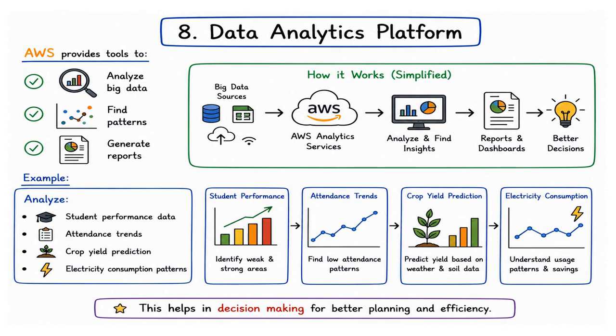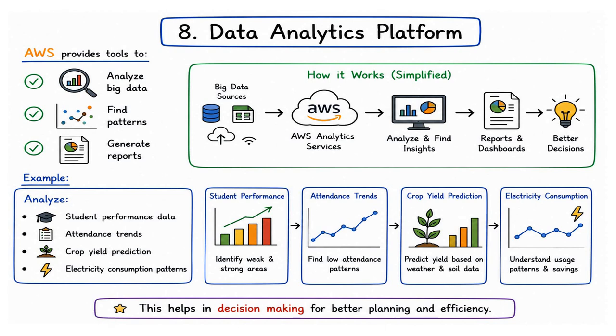So data analytics means studying the data to discover useful information, trends and patterns. Organizations collect huge amounts of data every day, for example student records, attendance data, sales reports, weather information or crop yield prediction.